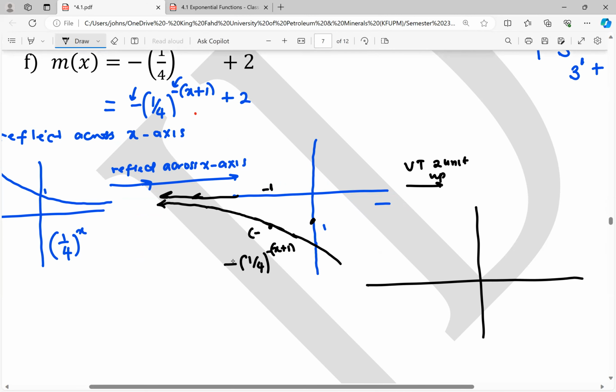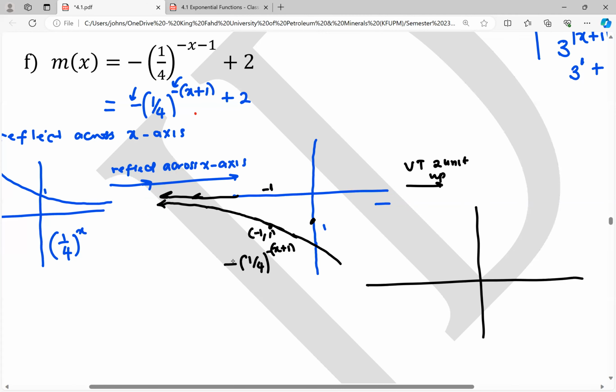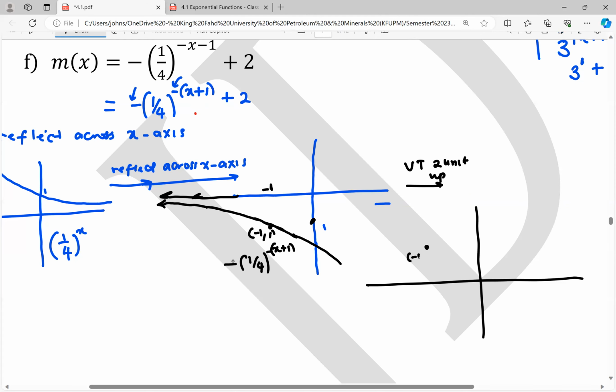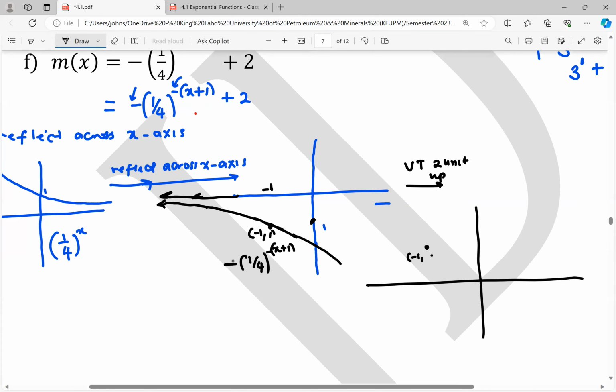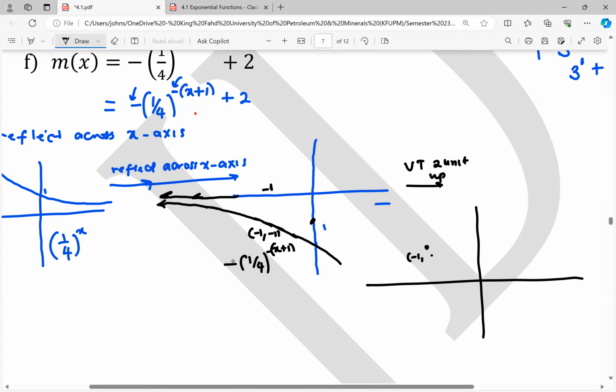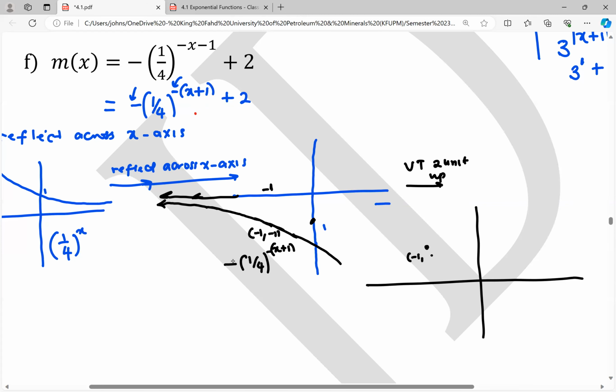This is the point minus 1 and 1. If it is minus 1 and 1, you take it up and this point will become minus 1 and, no, here it's minus 1, sorry, here. So this will be minus 1 and 1.